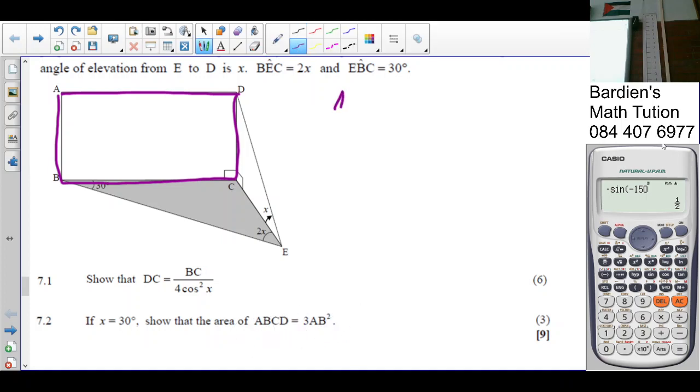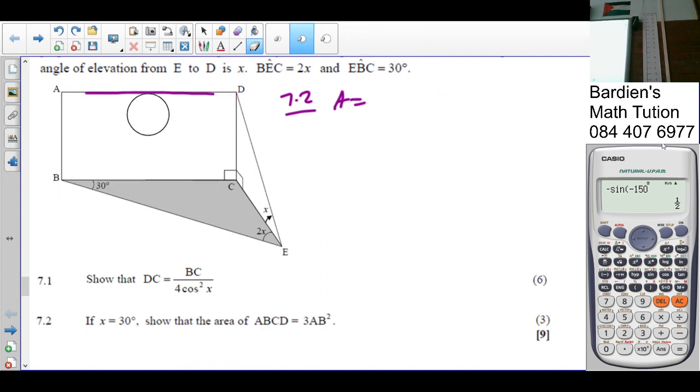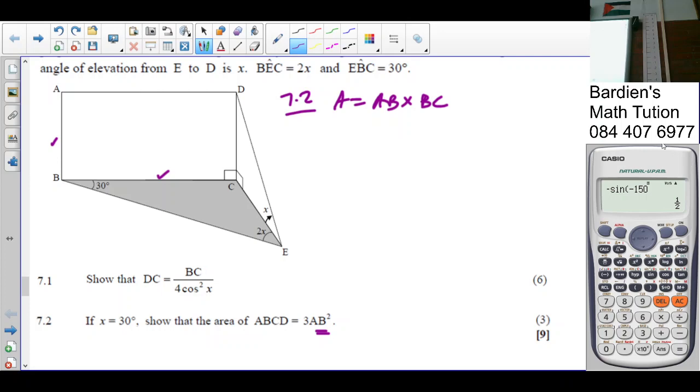So how do we calculate the area of a rectangle? Area is equal to length times breadth. In this case, they worked with BC and they got DC in the proof, so it's going to be DC times BC, the length times breadth.